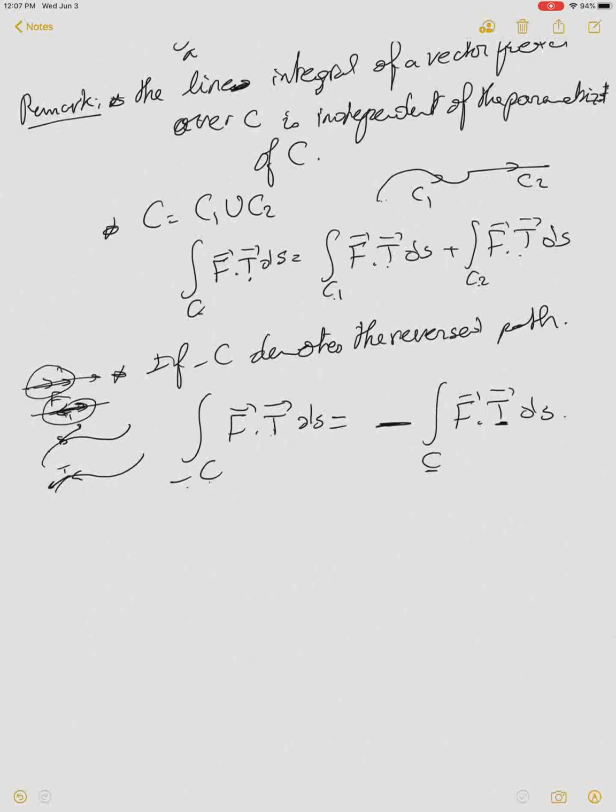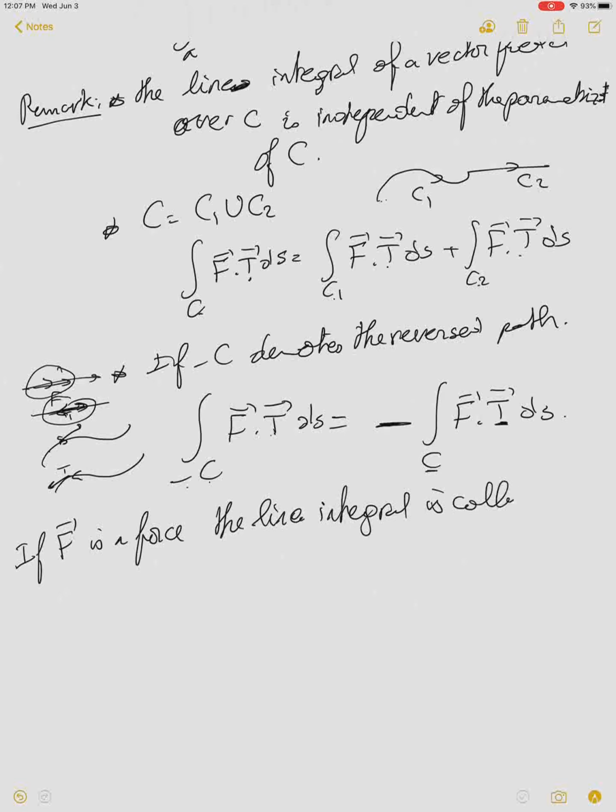Now, just another remark. If F is a force, the line integral is called work.